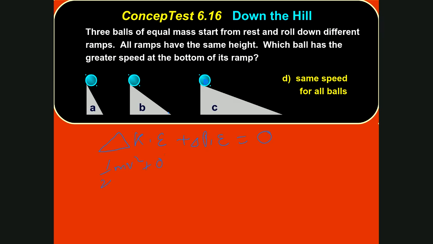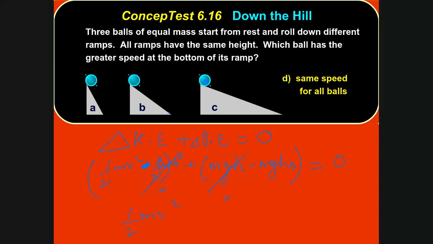So we say the change in kinetic energy is final kinetic energy, 1/2 mv squared, minus initial kinetic energy, 0, and the change in potential energy is final height 0, minus initial height, mgh naught. We have done problems like this in chapter 6.